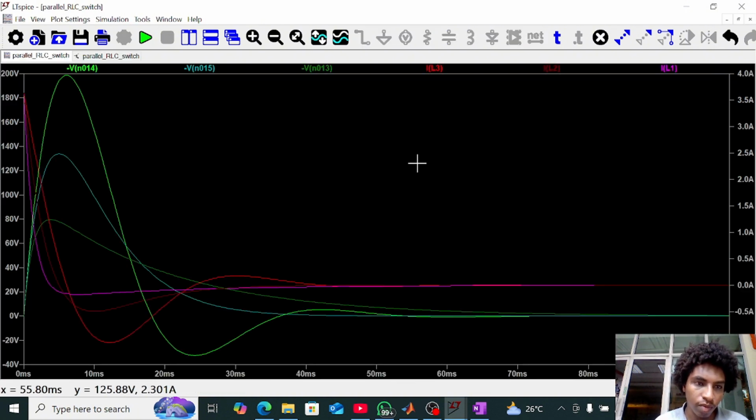So this is the voltage which increased firstly. I mean, it increased quicker than the rest, which is the voltage in node 14. We are going to see which case this one is.